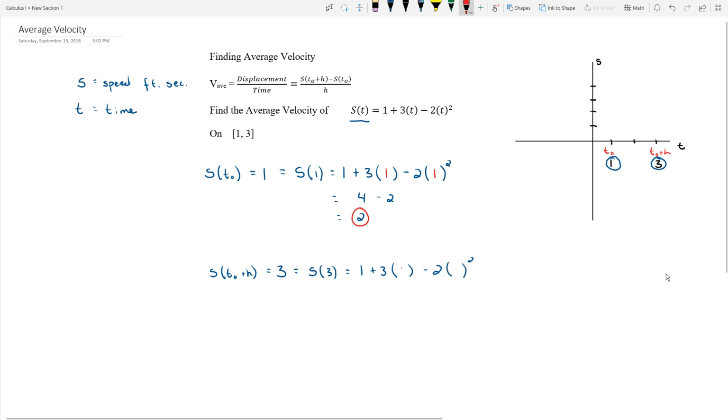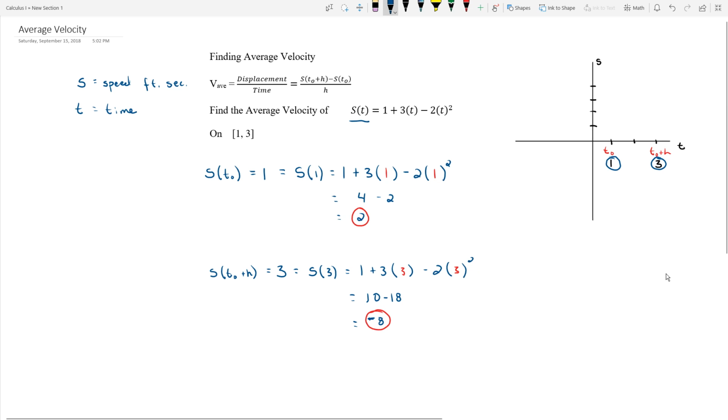So we're going to put that in here, and then we'll solve it down. We end up with 3 times 3 is 9 plus 1 is 10. And 3 squared is 9 times 2 is 18. So it's 10 minus 18, which is going to give us -8.